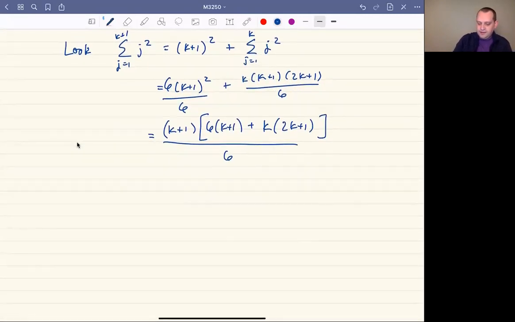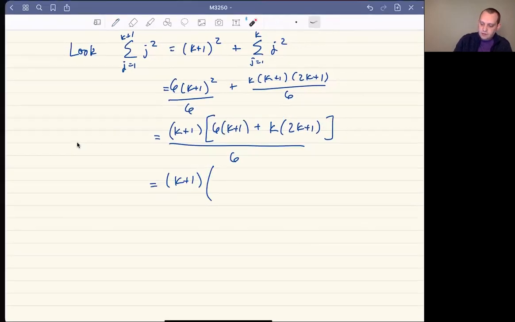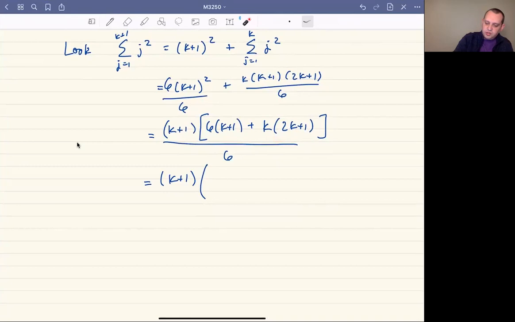And then if we simplify this, this is going to be k plus 1 times, let's think about what we're going to get here. k times 2k will be 2k squared. This is going to be 6k plus 6 plus k. So that's going to be 2k squared plus 7k plus 6 all over 6.